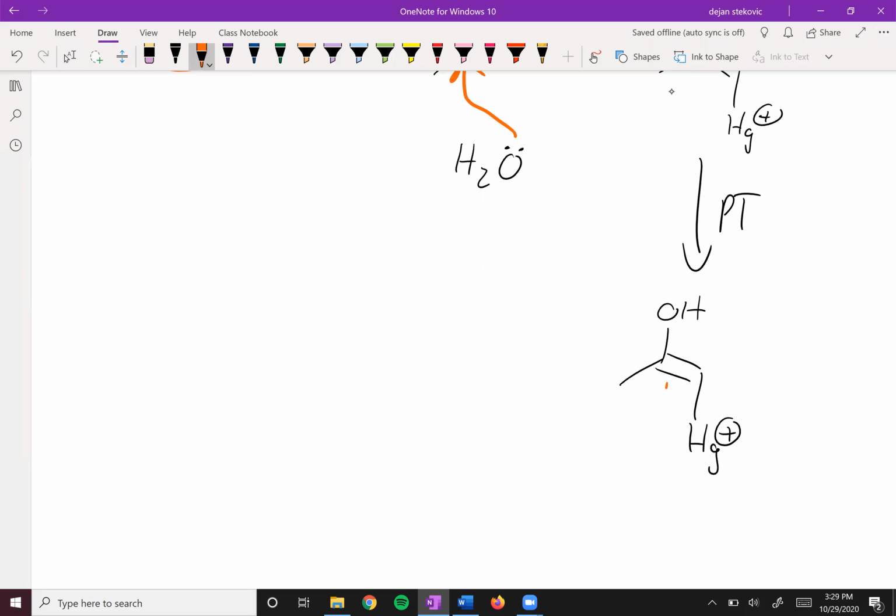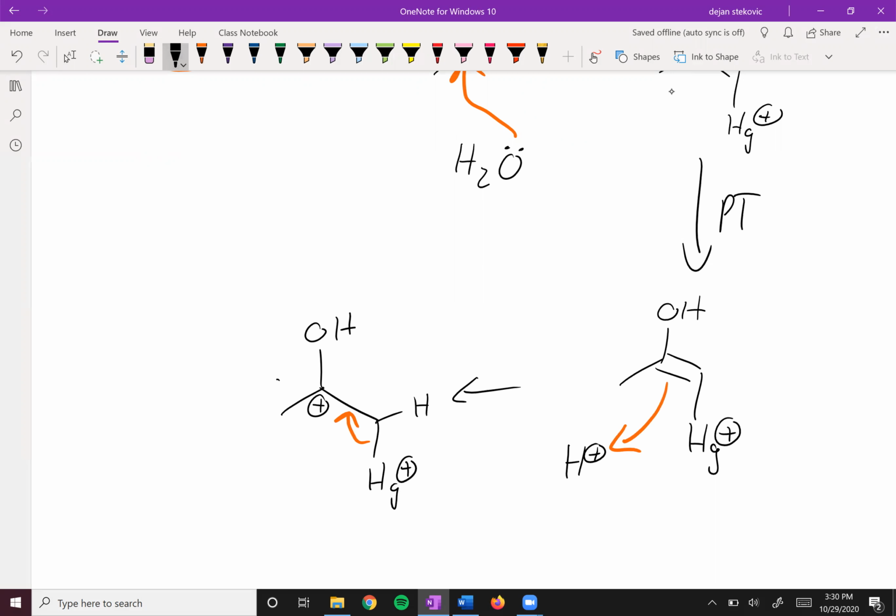At this step, our alkene will attack another acidic proton, and it will be added to the side of the mercury, leaving a positive charge on the other carbon. The mercury then leaves and forms a double bond with the 2 carbons, right?